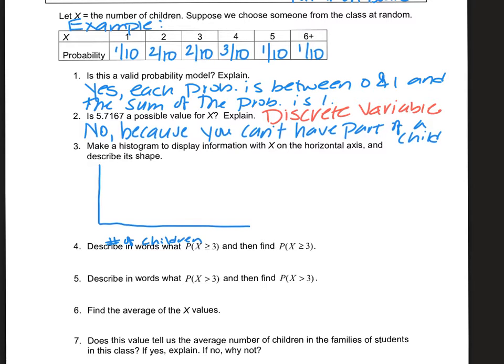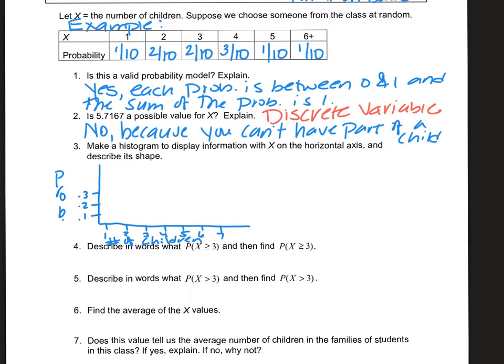And so in this case, we have 1, 2, 3, 4, 5, 6, and more. Right? So 1, 2, 3, 4, 5, 6, and 7. And I need probabilities that go up to 0.3. So 0.1, 0.2, 0.3. These are probabilities.